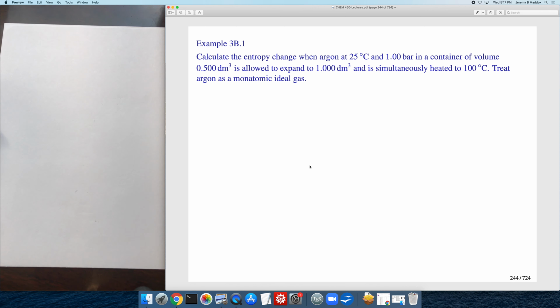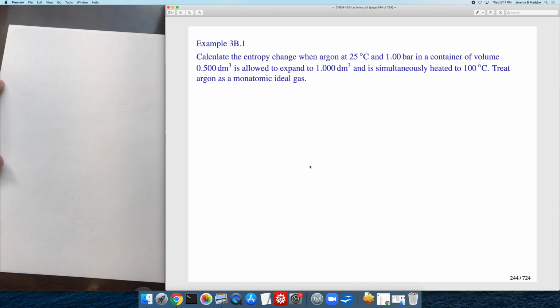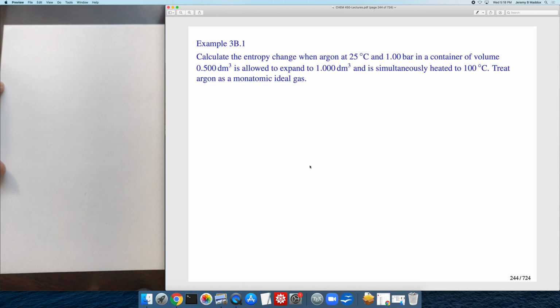Well, the nice thing about doing calculations with state functions is that they are independent of the path, and so we can simply break this problem up into two parts. One part will be expanding the gas isothermally, and then the second stage will be heating the gas at constant volume.